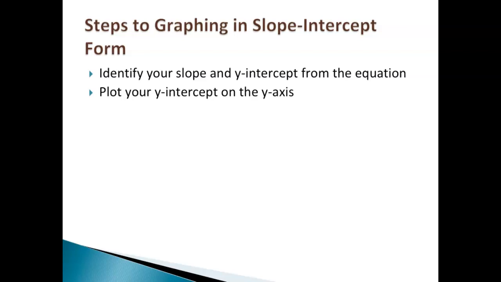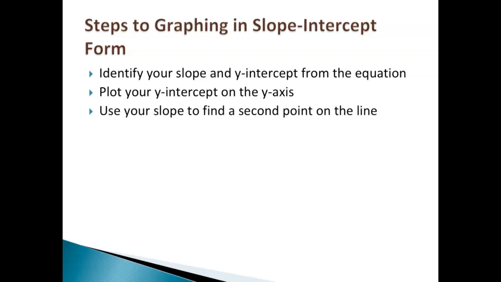Then, after you have that point on there, you'll use your slope to find a second point on the line. Once you have that second point, then you can simply draw a line going through both of those points. If you want to put more points down to help you draw your line, that's fine, but you only need 2 points in order to draw a line.